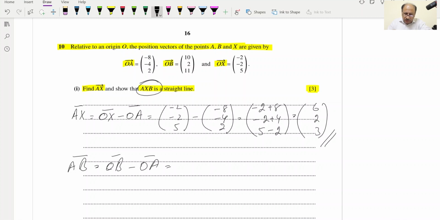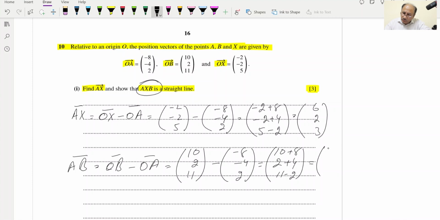OB we have, so we can write 10, 2 and 11, and OA also we have, which is minus 8, minus 4 and 2. This will be equal to 10 plus 8, and 2 plus 4, and 11 minus 2, and this will be equal to 18, 6 and 9.